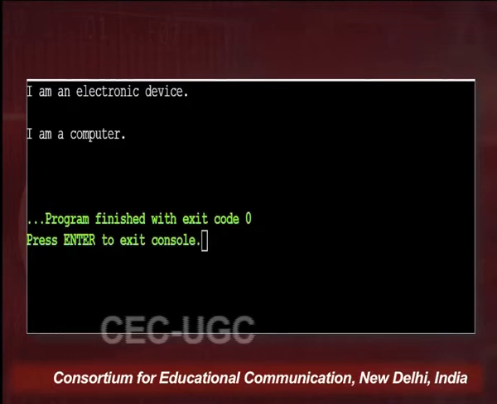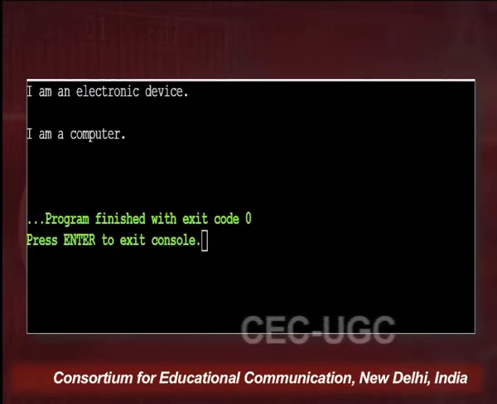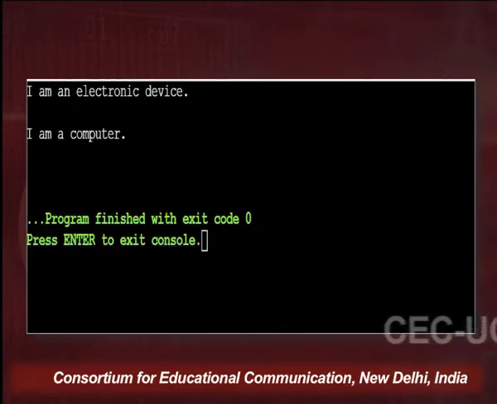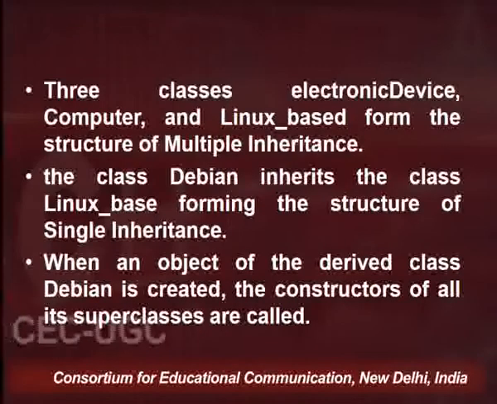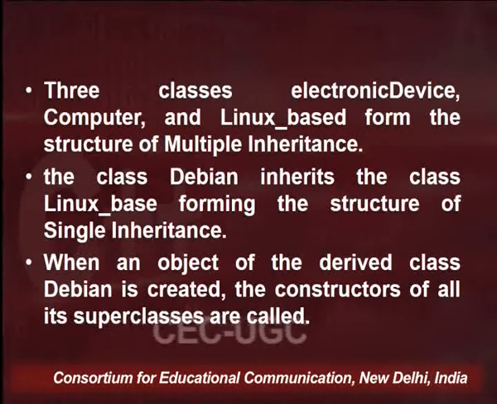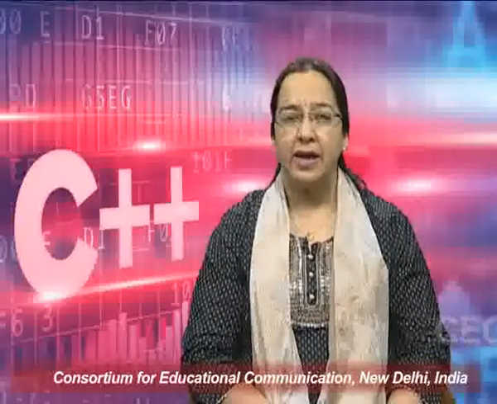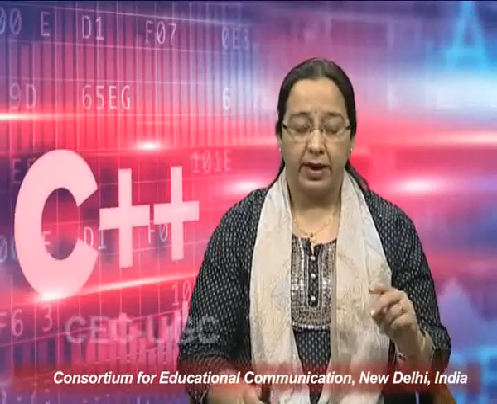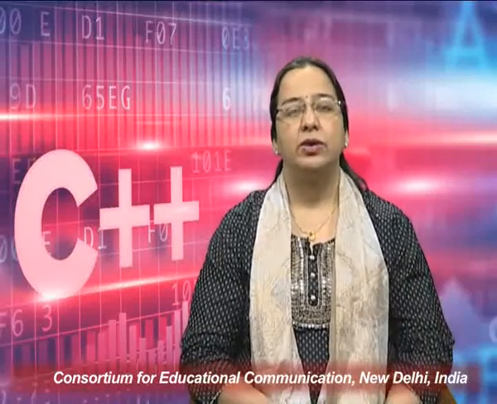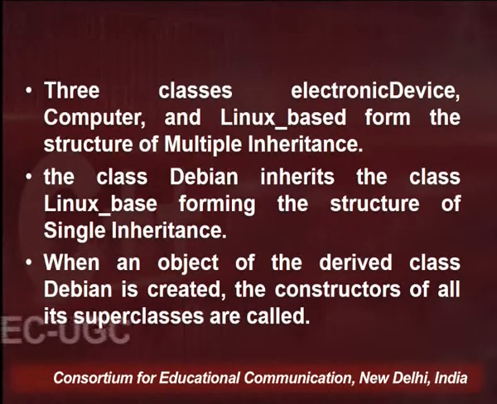So this inheritance is actually combining two types of inheritance within these three classes, electronic device, computer and Linux base. So electronic device and computer, two classes, are being inherited by a single class which is Linux based. So they form the structure of multiple inheritance.